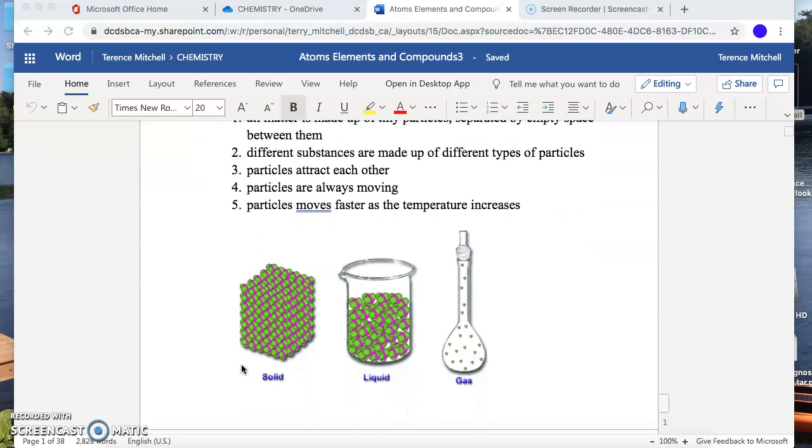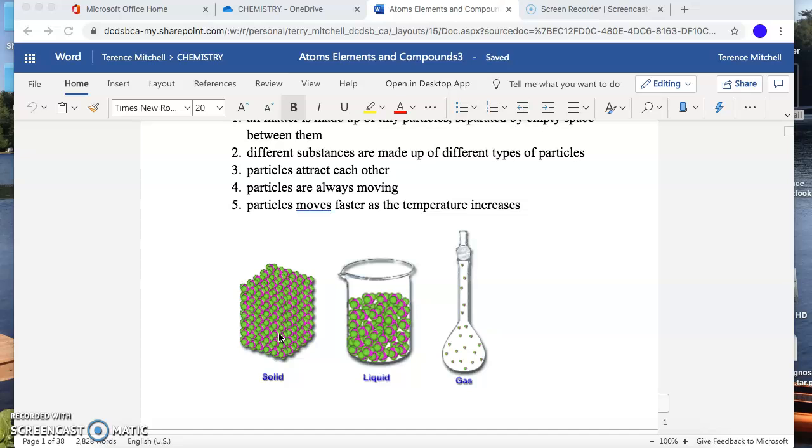And so here's a graphical representation of particles in the 3 different states of matter. Solids. If we use the example of water particles here, this could be an ice cube.